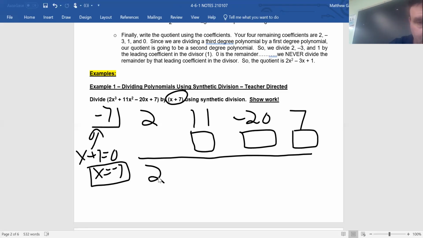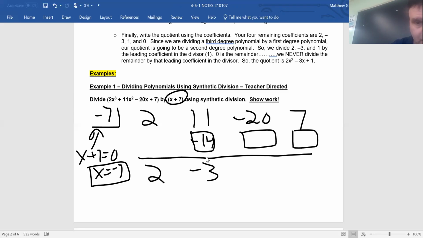So that pattern basically is you take what's down here, in this case 2, and multiply it by negative 7. So 2 times negative 7 is negative 14. And then we just add down. 11 added to negative 14 is negative 3. And then we just repeat the process.